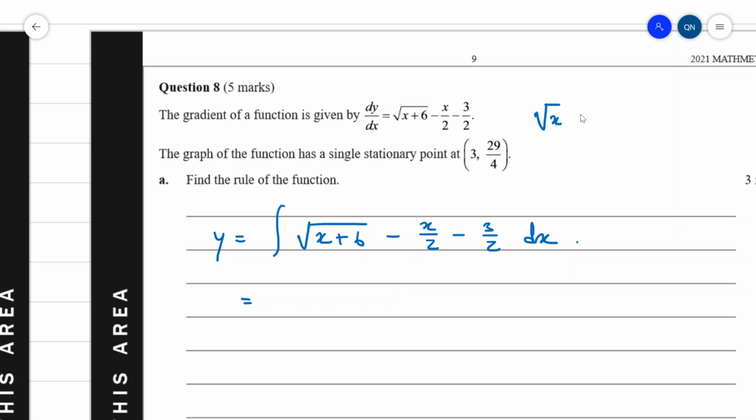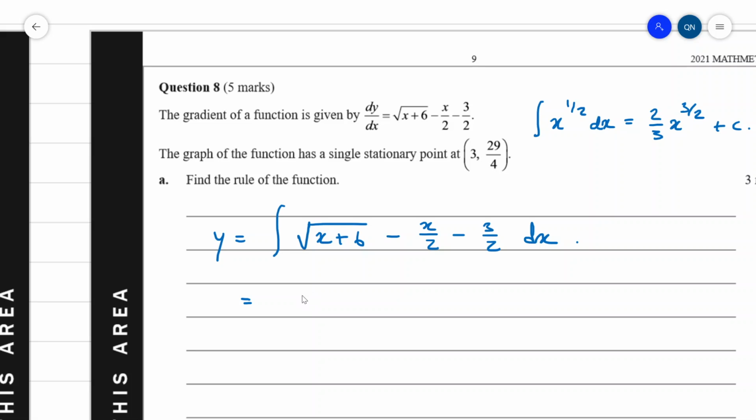Square root of x, if you integrate this, so this is the integral of x to the 1/2 dx, but that's just going to be equal to 2/3 times x to the 3/2 plus c, because 1/2 plus 1 is 3/2.